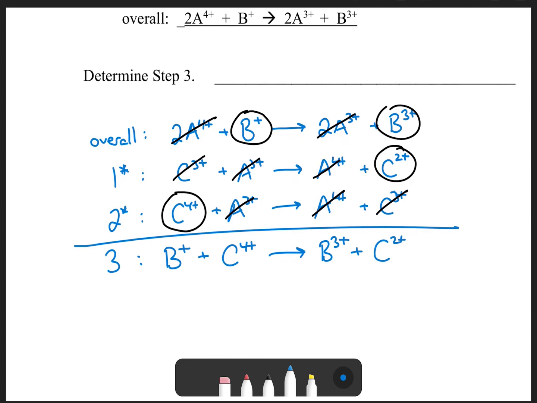So you could do a quick check if you would like to. And then if we're not asked in this question, but you could go back, plug it in, and then determine any intermediates or catalysts that may be present. But we can't do that with the flipped steps that we have here. It doesn't make sense to come up with intermediates or catalysts because we've modified the step 1 and step 2.